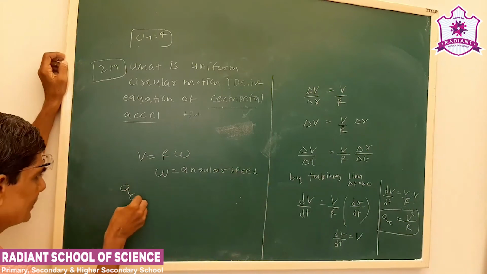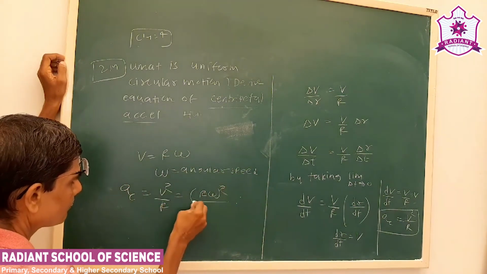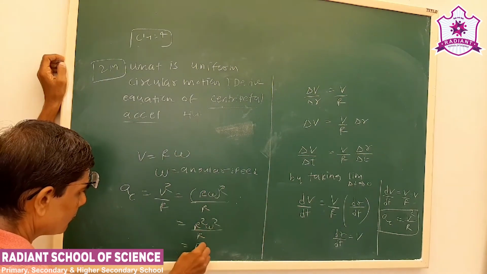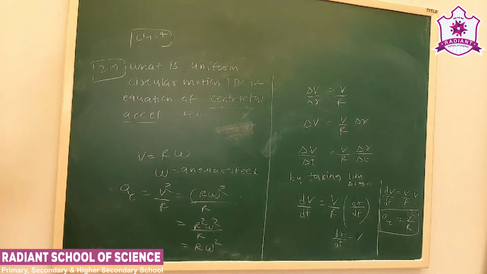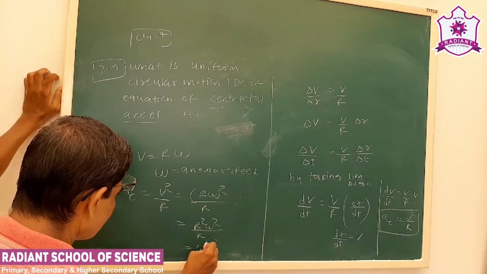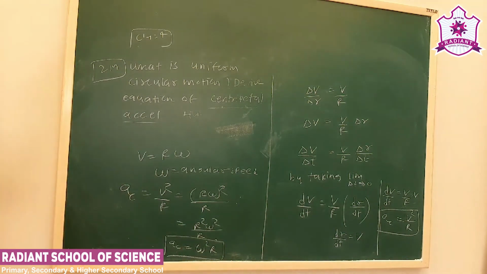So here the centripetal acceleration AC is V square by R, which is R omega square. Okay, sometimes we write centripetal acceleration like this.